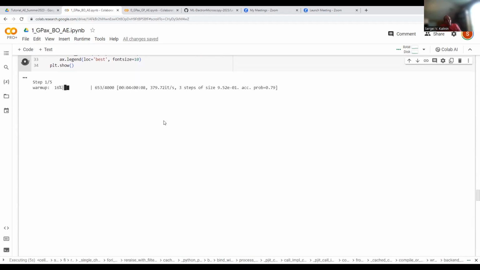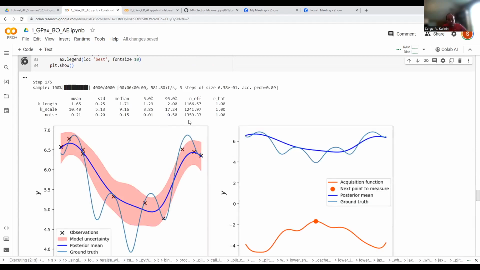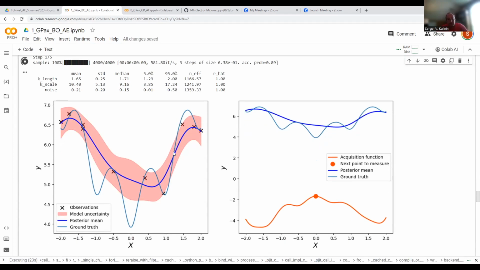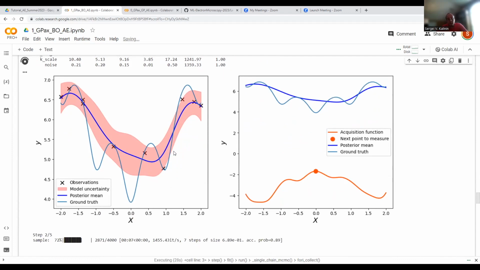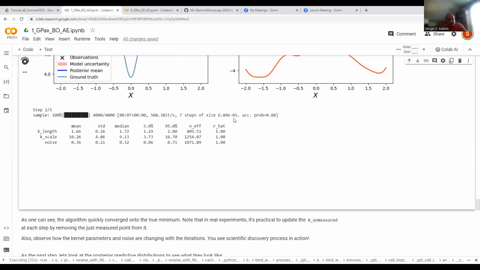I basically say that, you know what, I want to invest more cycles into the exploration of the system, which basically means that I pay much more attention to what happens in the regions with high uncertainty compared to the regions where the uncertainty is small, but the function is minimal. So let's see how it's going to behave in this case.